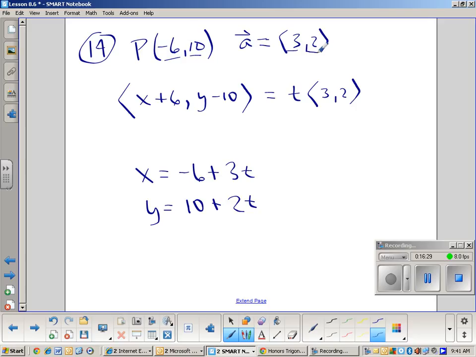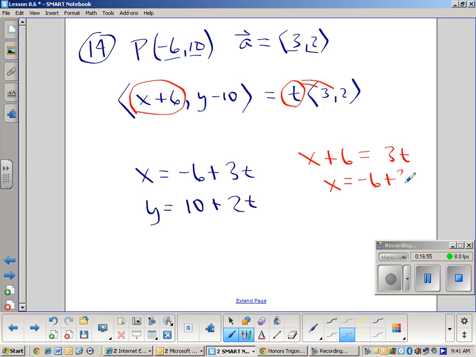Now, another thing I'm looking at as I look at it today, I don't know that I've ever looked at it this way before, but this is a scalar being multiplied by a vector, so we could multiply both of those. From the x we get x plus 6 equals 3t, and if I subtract 6 from both sides, I get x equals -6 plus 3t.